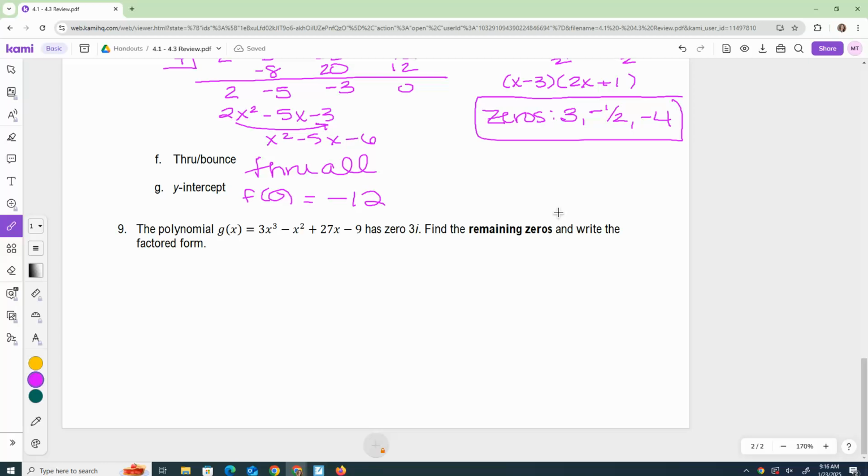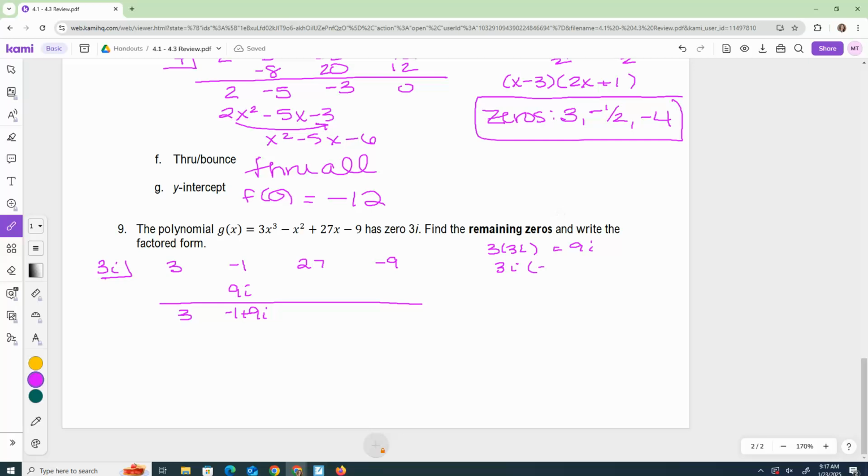When you have the first 0, you do synthetic division. So 3 comes down. These are not like terms, so I have negative 1 plus 9i.